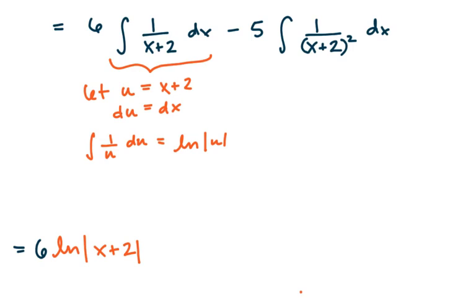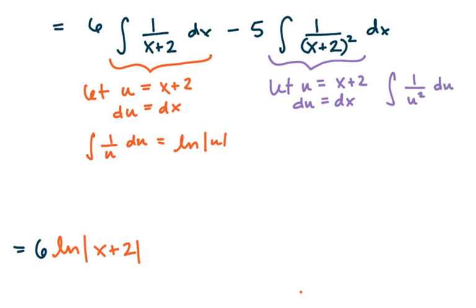Now, for the second piece that we're looking at here, we again are going to do a u substitution. Here I'm going to say let u equal x plus 2, and that means du equals dx, and we're dealing with the integral of 1 over u squared du. Now this one's not going to be natural log because we can use our power rule, so this is u to the -2 du.